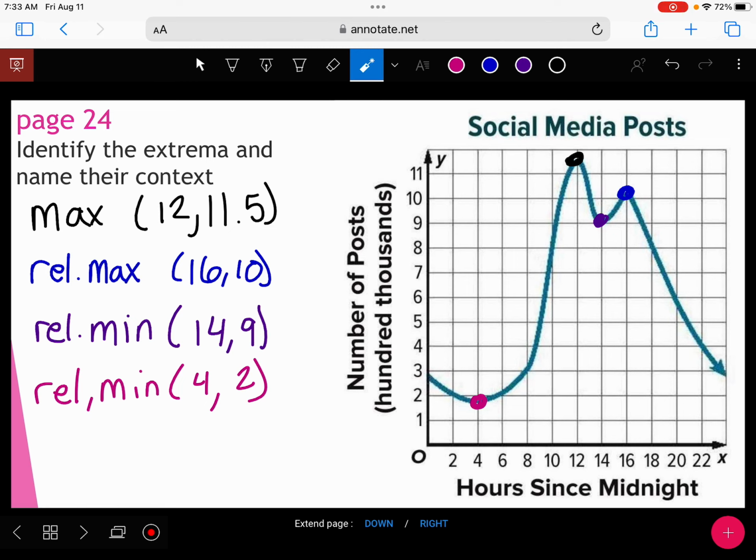It was the absolute most number of social media posts since midnight. At 12 hours since midnight, they posted 1.1 million social media posts. I guess we're talking about a tour.